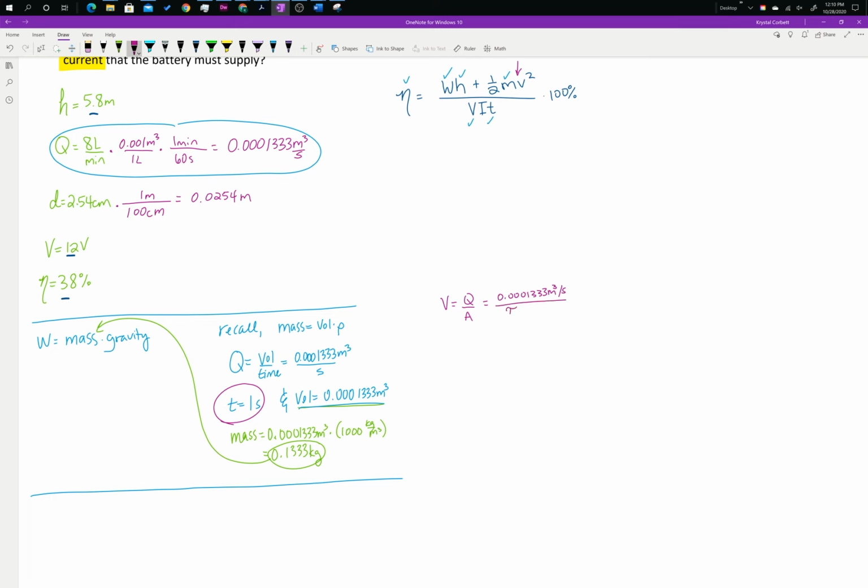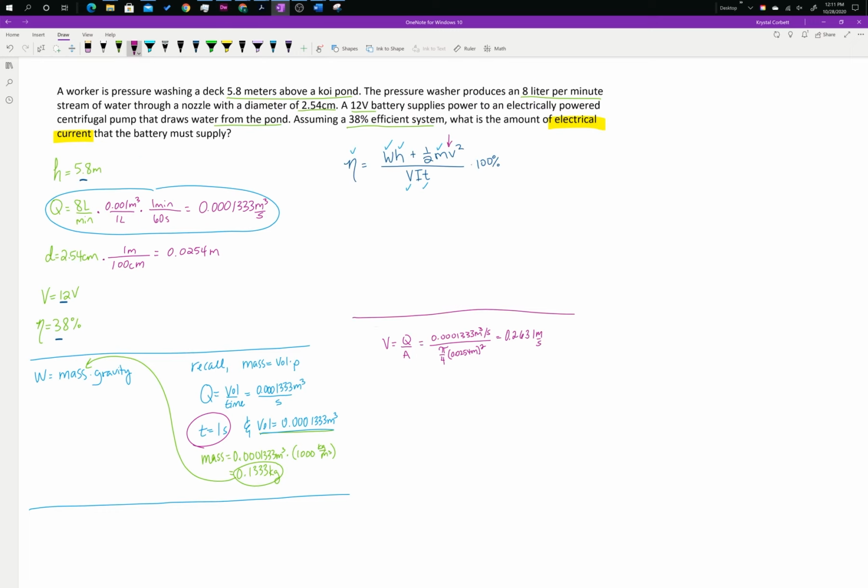The cross-sectional area is pi over 4 times diameter squared, which we calculated with 0.0254 meters. That gives us a velocity of 0.2631 meters per second. Now we have all the information to plug into our efficiency expression to calculate the current that is being asked for in the problem statement.